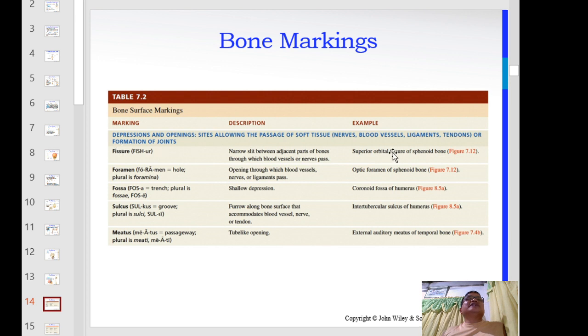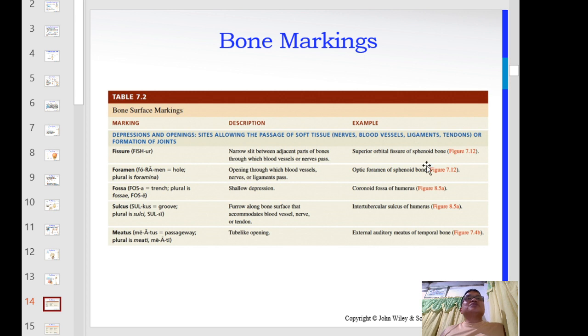Makita nato siya in their description. So you have their fissure, foramen, fossa, sulcus, meatus. Here na ang description niya. So please take a pause and read for this one. So that's why I'm going to let it stay for a while so that you can read it while you are listening to the lecture. So these are the example where we can find these markings. Now, so have here fissure.